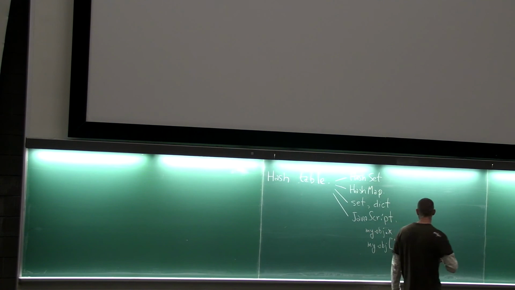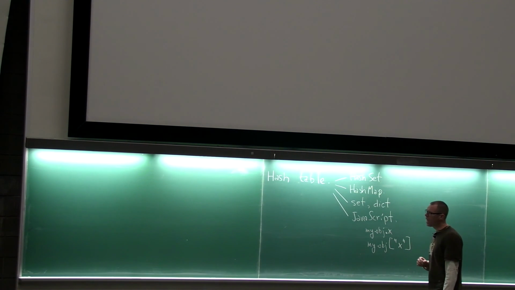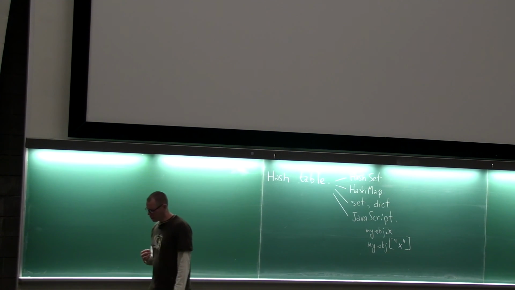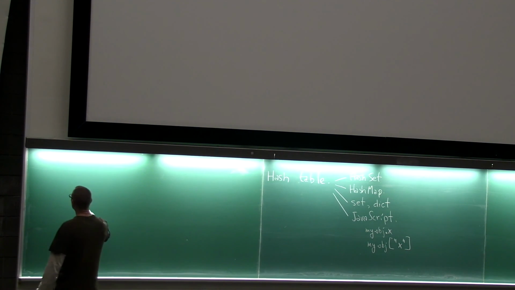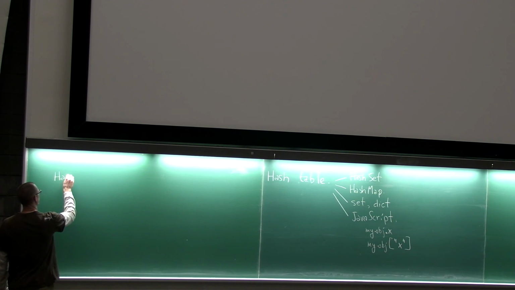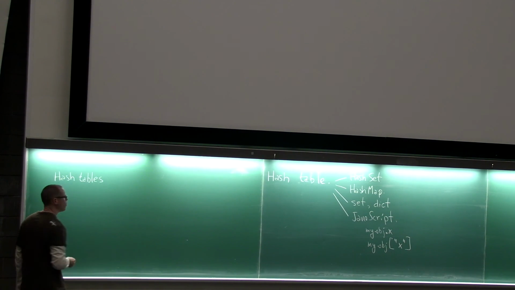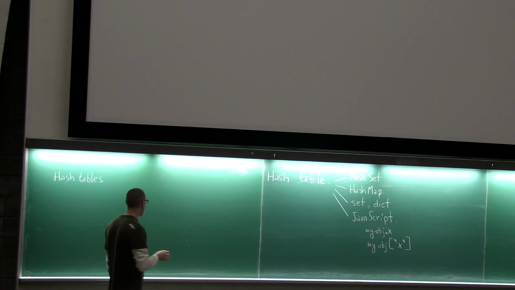This is the most important data structure. What I'd like you to take out of this course is that we have hash tables. This is the thing I still want you to remember 5, 10, 15 years from now.